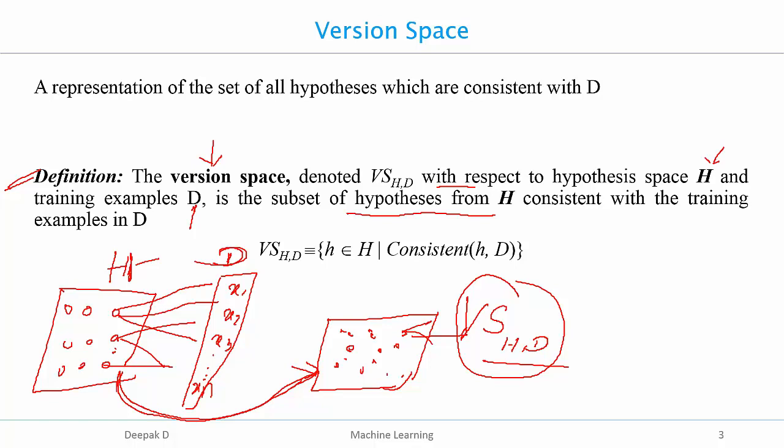I hope you have understood two basic definitions: one is consistent and the other is version space. Now let's see the algorithm.